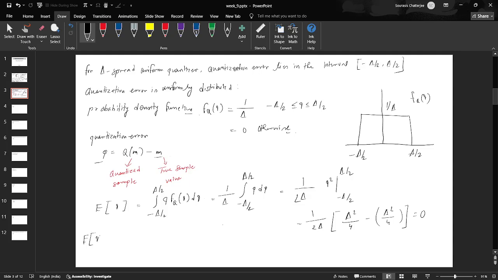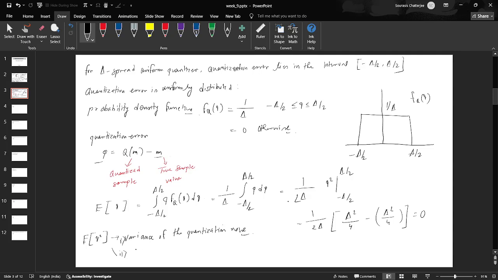Expected value of q square, this you can call the variance of the quantization noise. This is one definition.